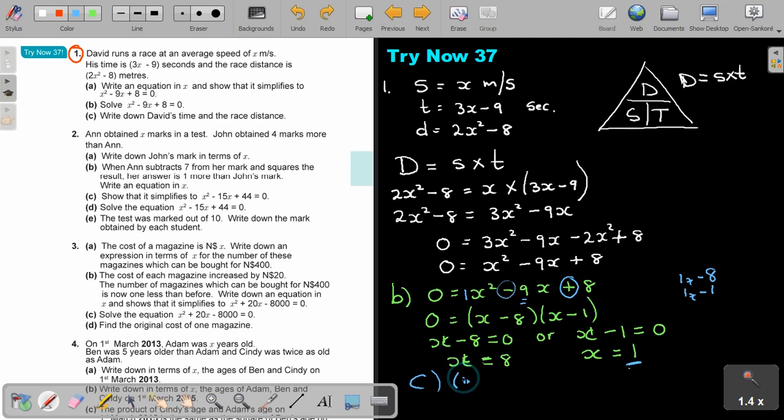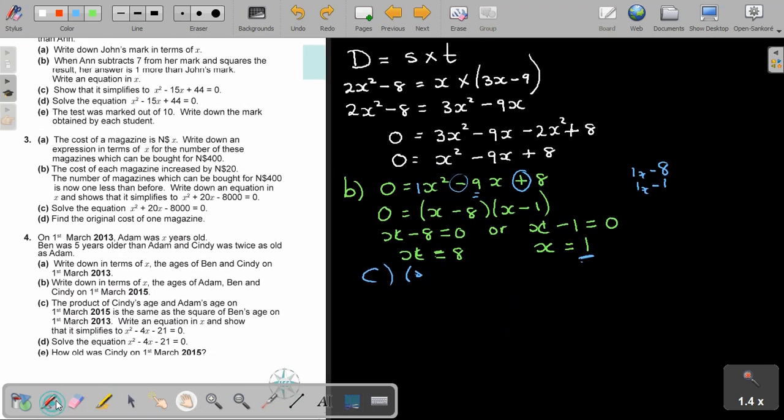So I reject it, because it will give me a negative time. That will not work. So therefore, I must take x is equal to 8.